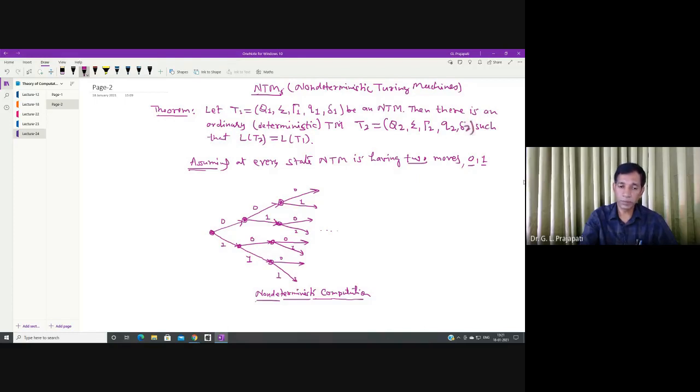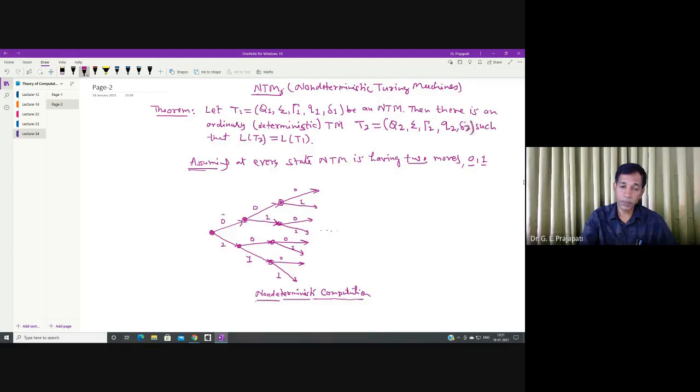We assume that your machine is able to make the correct move if an answer is available. What we guarantee is that if by executing the move number 0 you are getting the answer, then your machine must make this move. So we assume that your machine is much more powerful, and at every state it is going to make the correct guess.